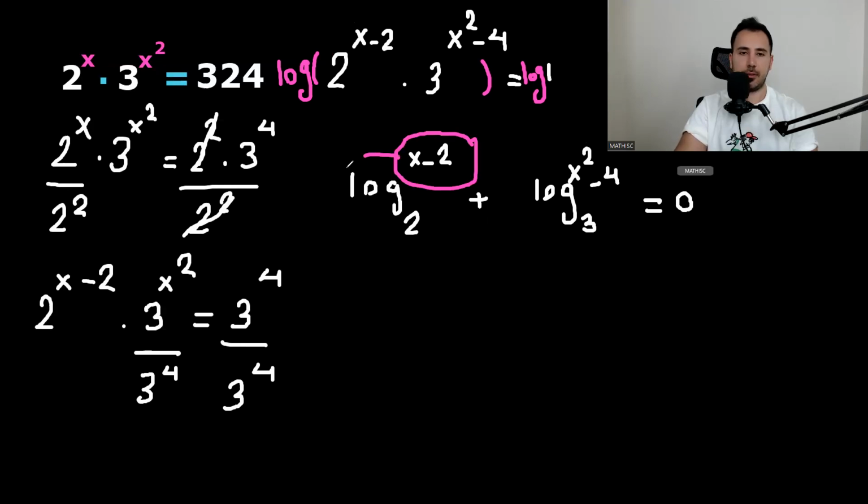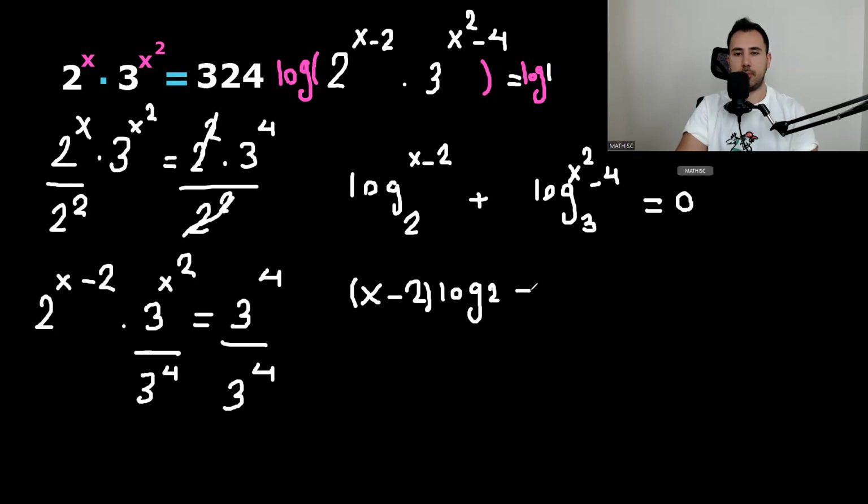Now we could bring both of these exponents down. We'll have x minus 2 multiplied by log 2 plus x squared minus 4 multiplied by log 3 equals 0.